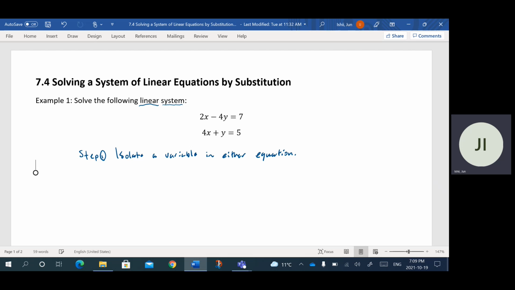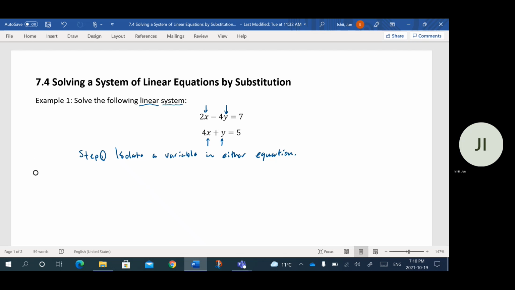It doesn't matter which variable you isolate. You can isolate the x, you can isolate the y. You just want to isolate a variable. In this case, we actually have 4 options. We have the x and the y in the first, and the x and the y in the second equation. We can isolate any one of those 4.